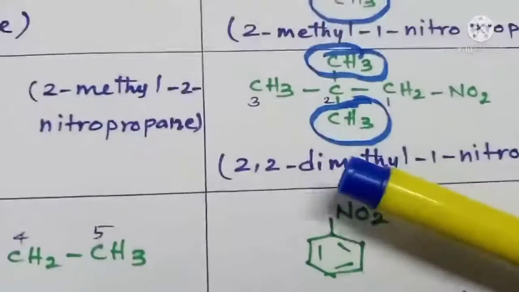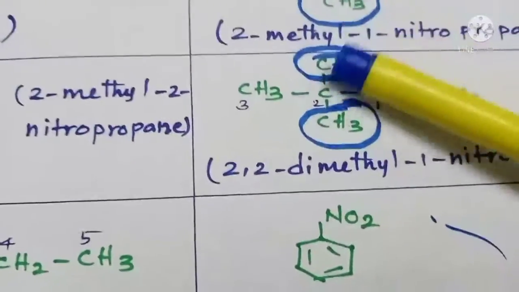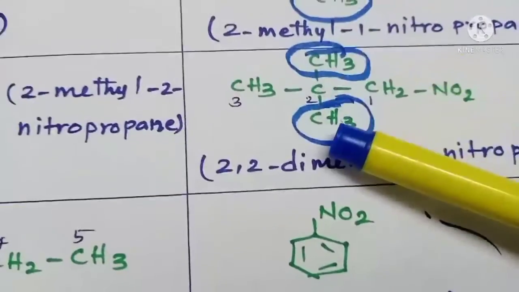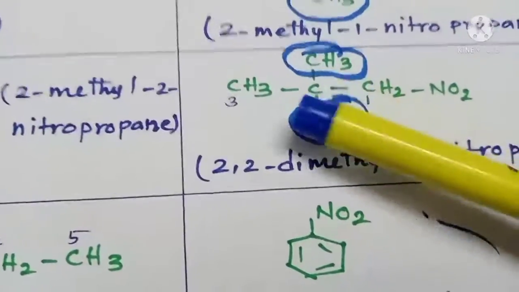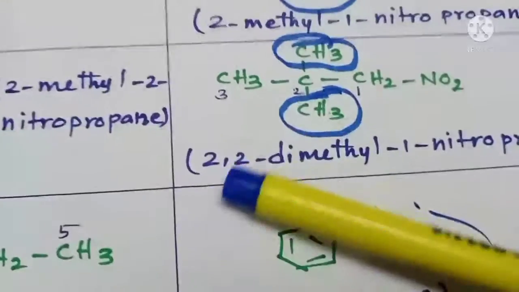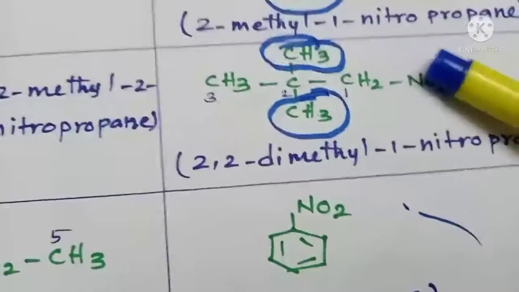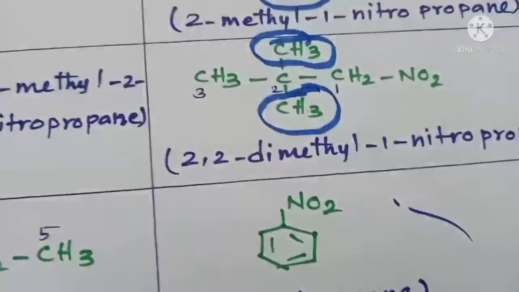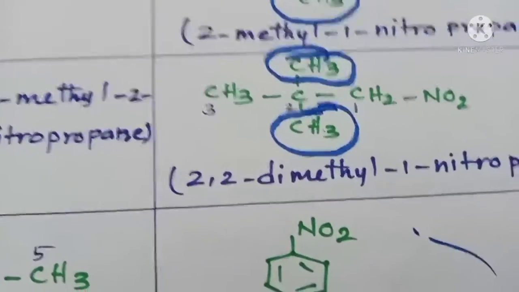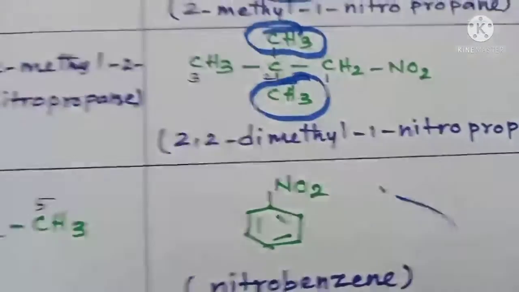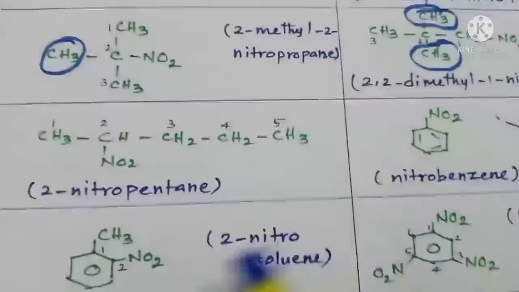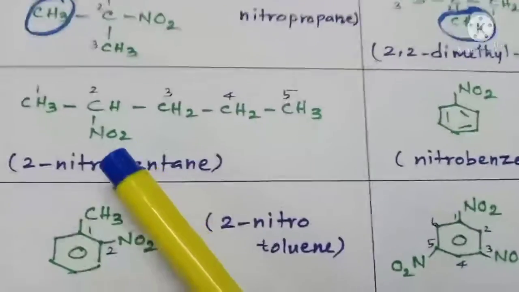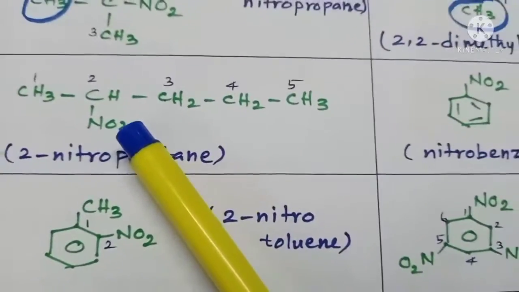While numbering, these two methyl groups both get number 2, attached at carbon number 2, so it is 2,2-dimethyl. The nitro group is at the first carbon, so 1-nitropropane. The complete name is 2,2-dimethyl-1-nitropropane. Now we come to the next compound, a 5 carbon derivative, and the functional group is at the branch.